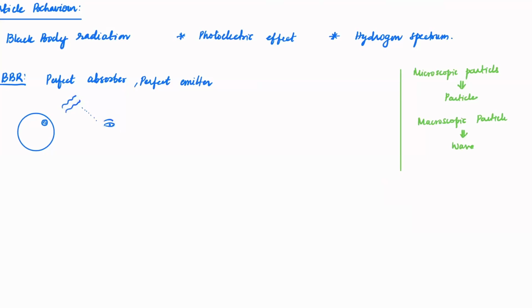But for very microscopic particles like electrons, they will assess the light as particles. So just keep that in mind for now.